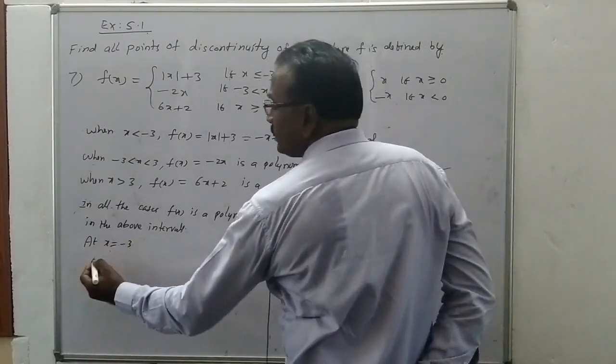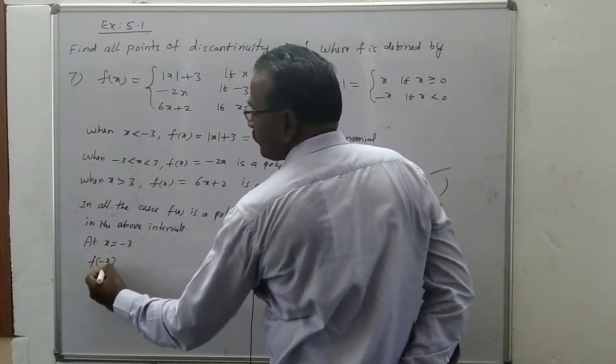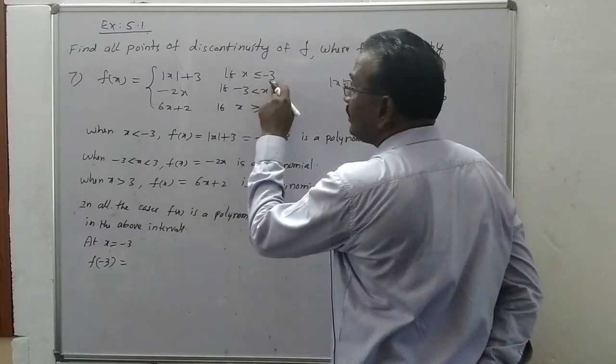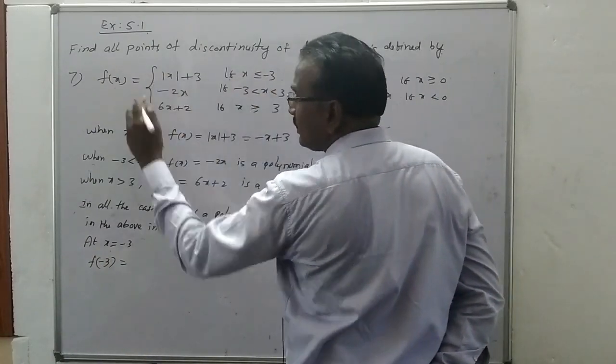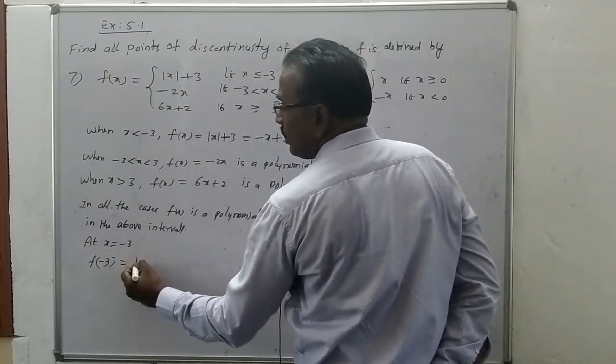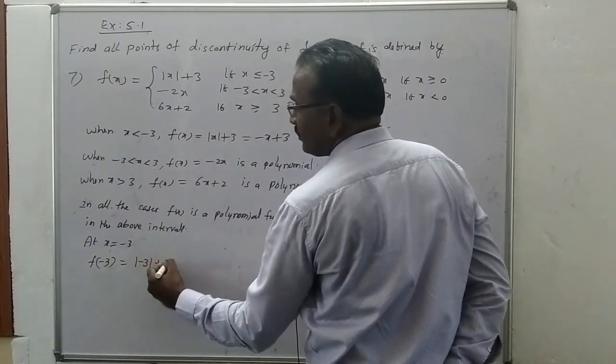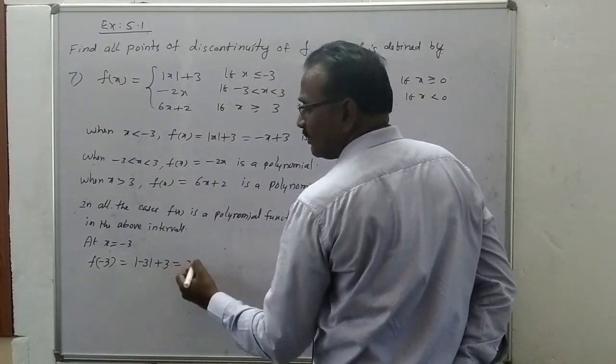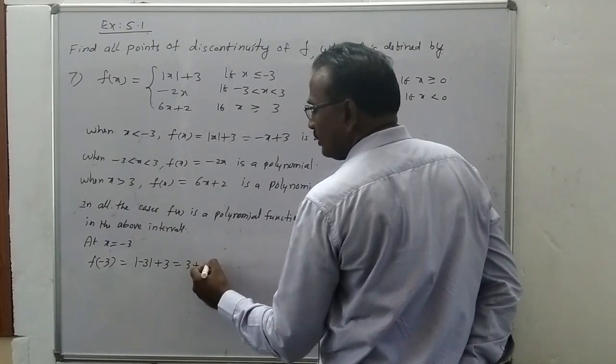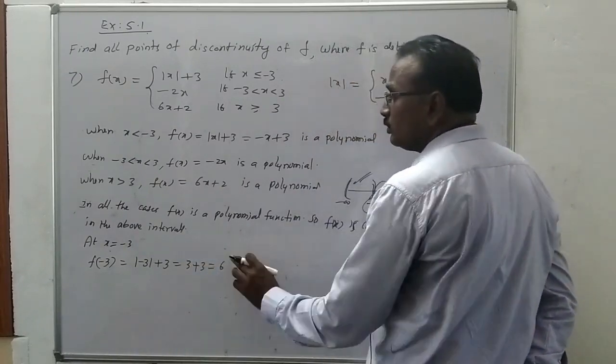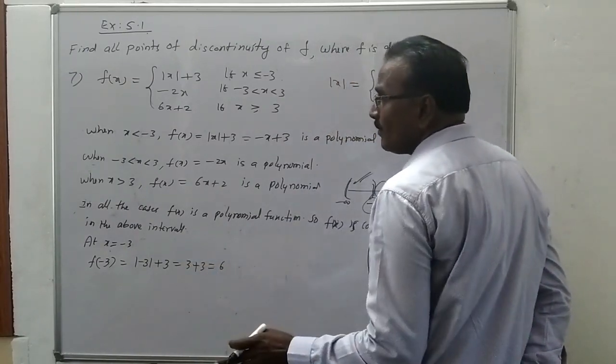At x is equal to minus 3, what is f of minus 3? The function is modulus of x plus 3. So modulus of minus 3 plus 3: modulus of minus 3 is plus 3, and plus 3 gives 6. So the function is defined at x is equal to minus 3.